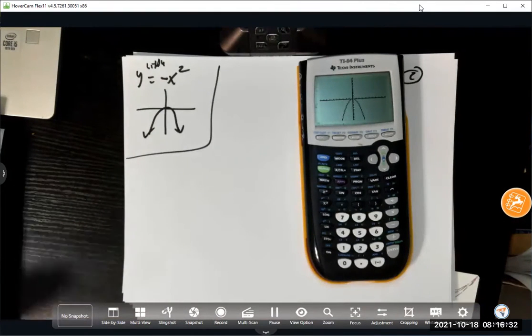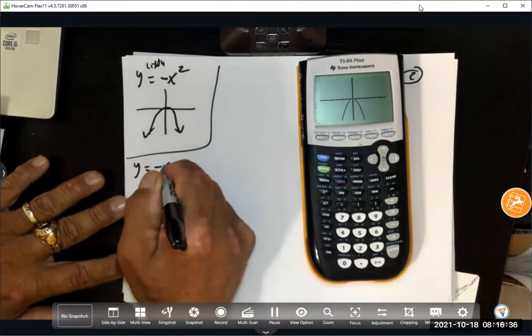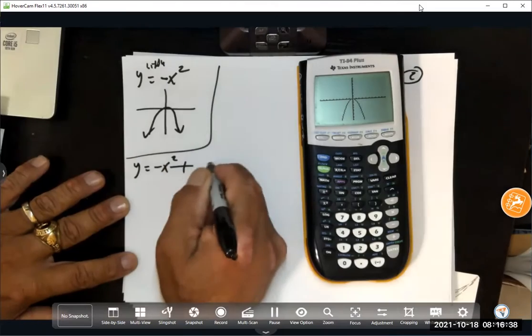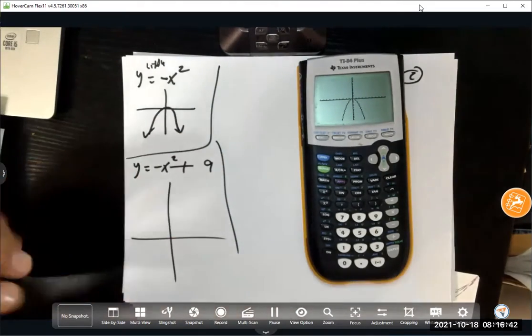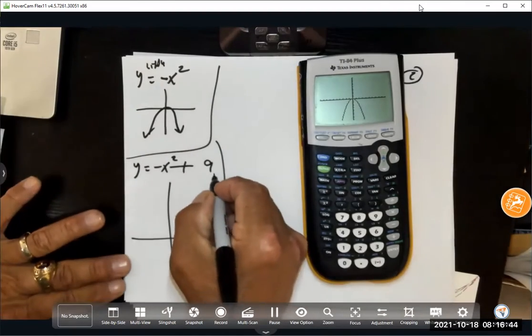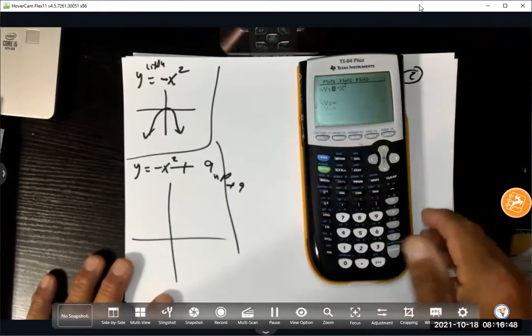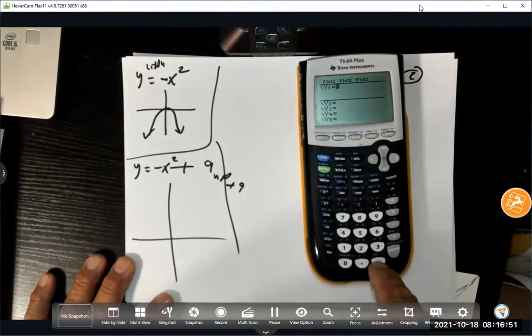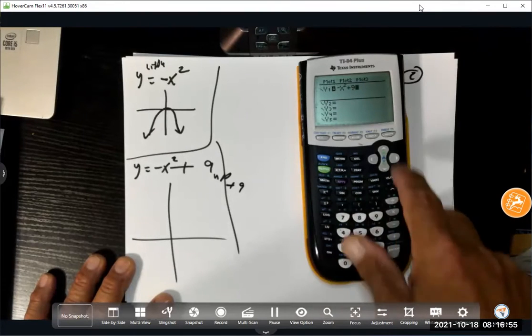Yes. All right, success. So y equals negative x squared plus 9. It's going to be the same graph upside down, but it's going to get pushed up. It's going to go up plus 9 or so. So let's just do it in the machine. Clear. Negative x squared plus 9.